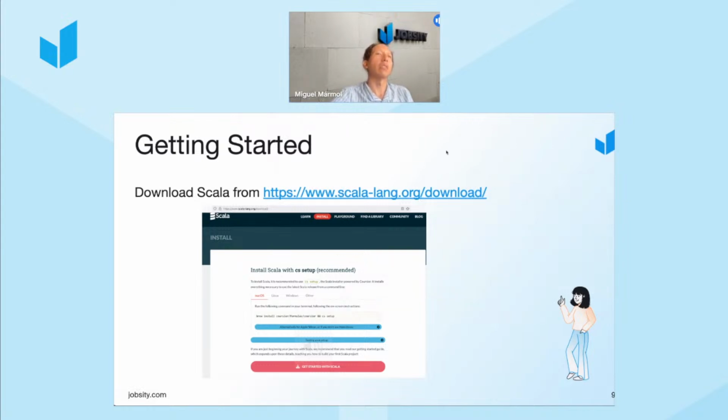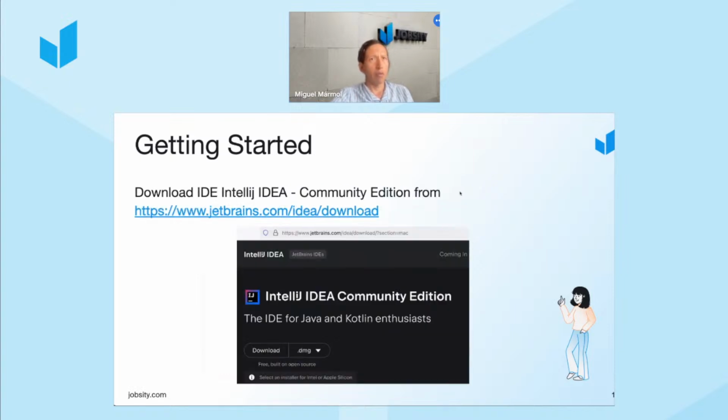So how to get started with Scala? First, I assume you guys have Java installed on your machines. The next step is to download Scala from the Scala site. Once we install Scala, we need an IDE to write some code. You can write the code also in a notepad, but you will need a build tool called SBT.